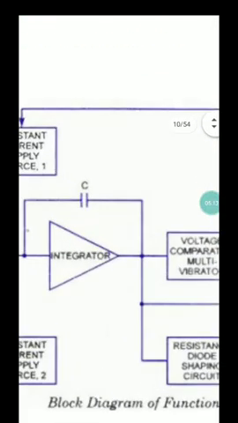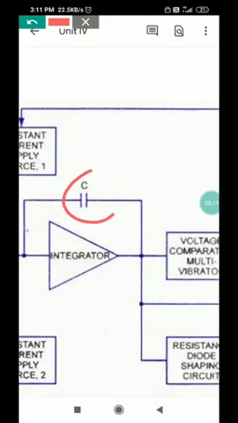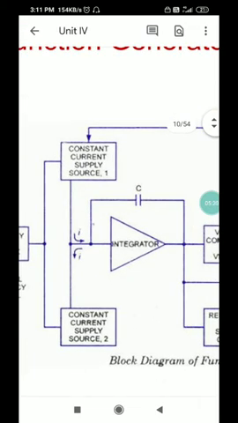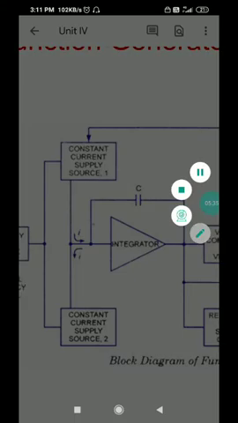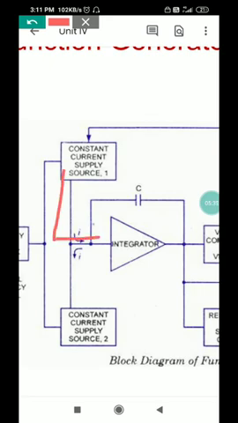Before we understand, we try to learn how this works. We have to assume something, that is, the charge on this capacitor C is 0. We assume that there is no charge on any of the plates of the capacitor. So initially the CCS1 turns on, it produces current, goes in this direction, it goes to the integrator, it charges the capacitor, and it goes to the multivibrator, or that is voltage comparator.